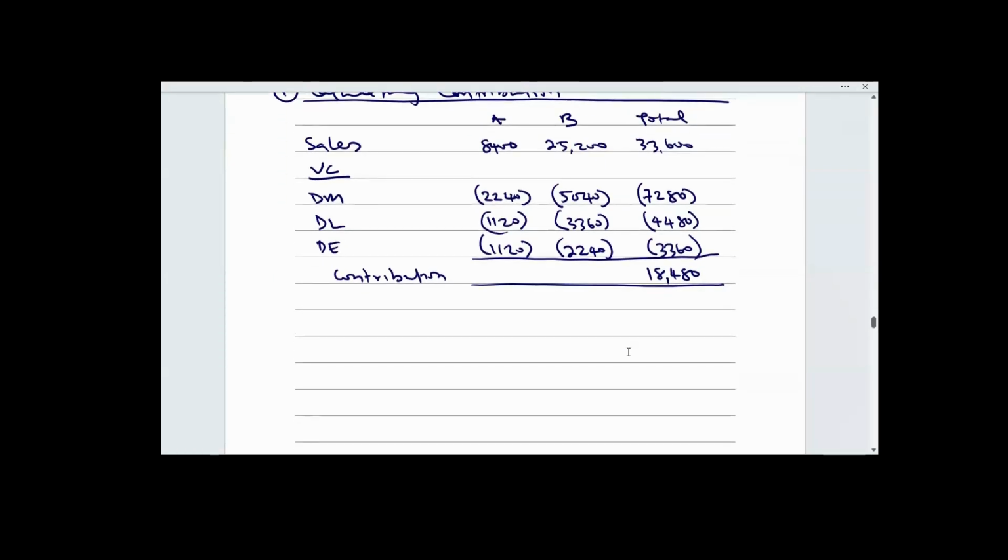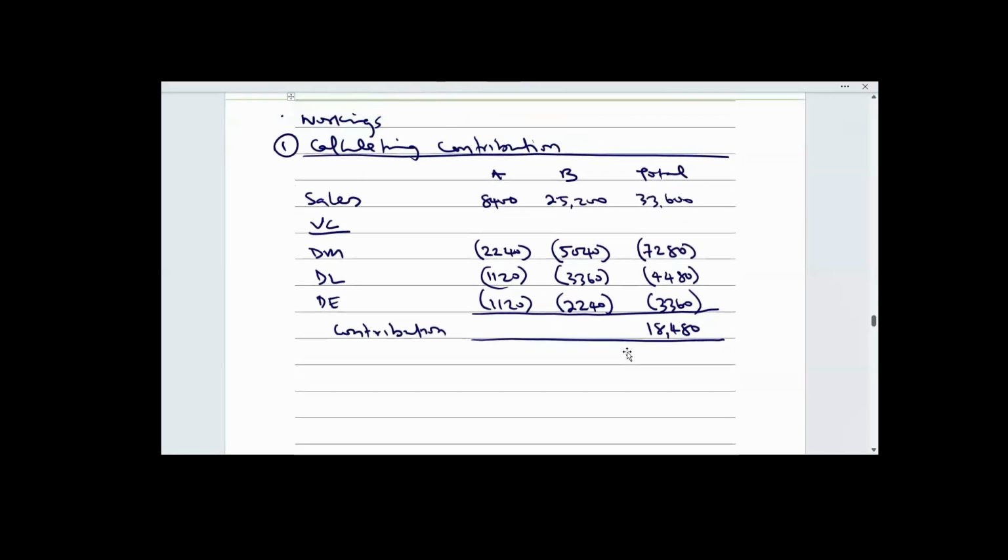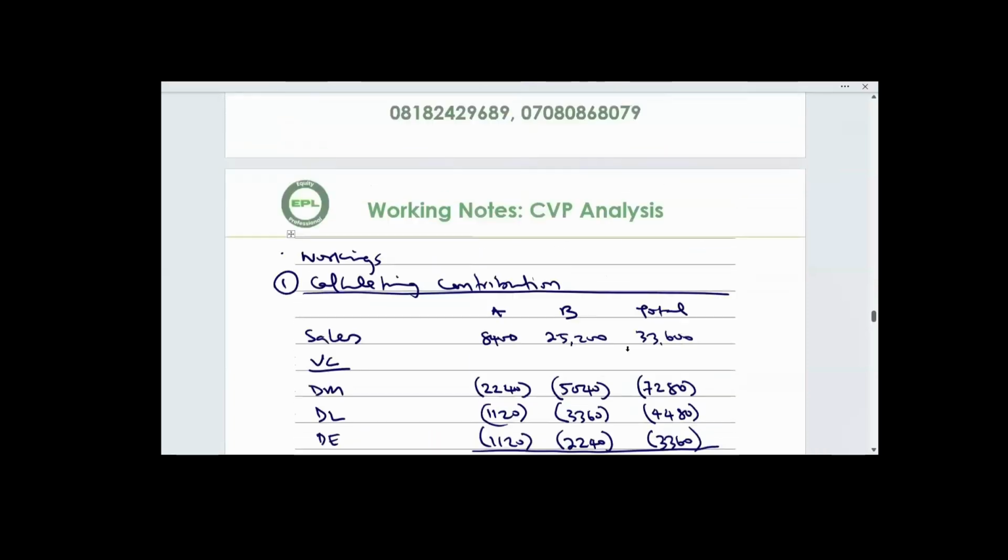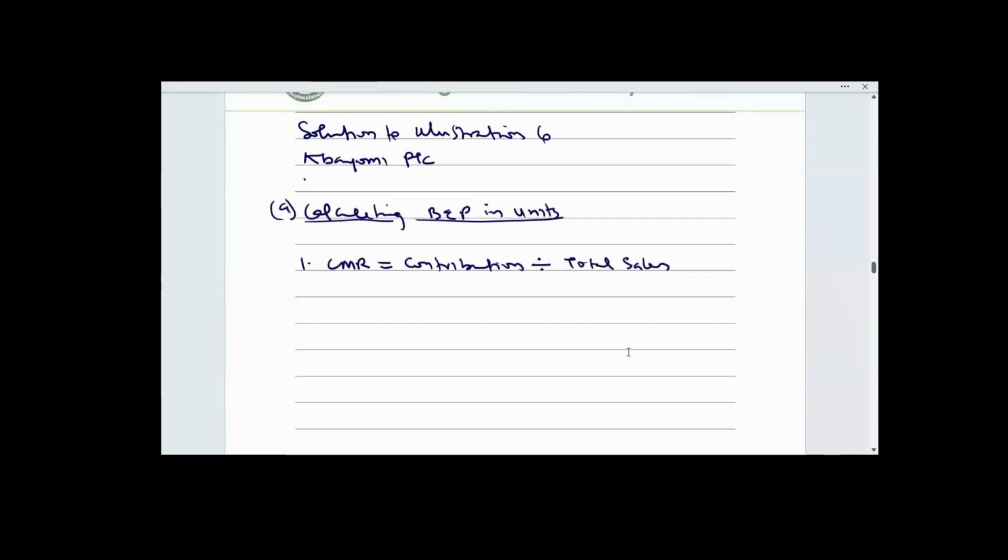Once I have the overall contribution, I will divide it by the overall sales. My total contribution is 18,480 divided by 33,600. This is equal to 0.55 or 55%.